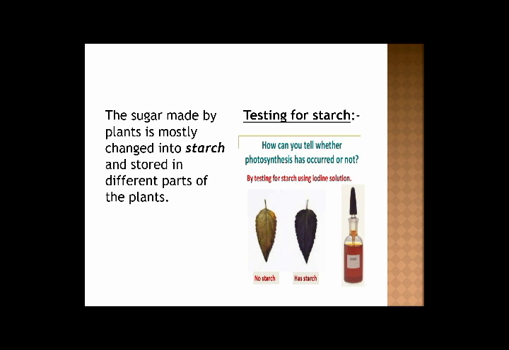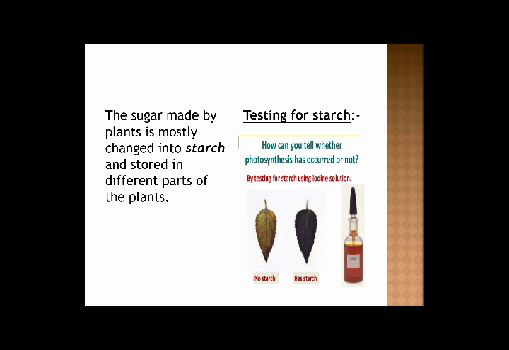Now, the next thing which is most important about plant growth is the sugar. The sugar which is made by the plants is mostly changed into starch and stored in different parts of the plants. And what are those different parts?